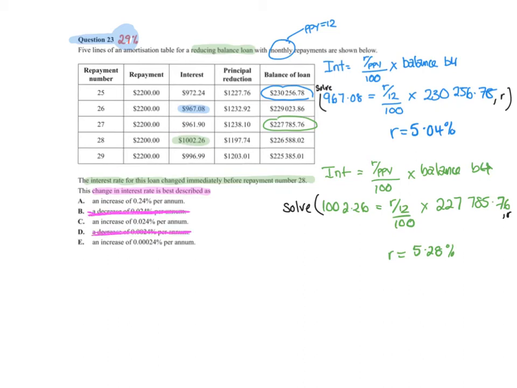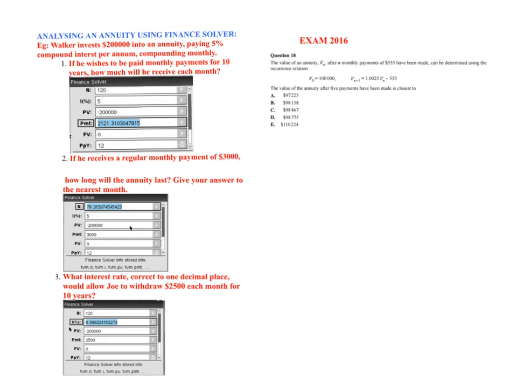Now what would the difference be? It would be 5.28 minus the blue one, 5.04. So it's gone up by 0.24. So A.